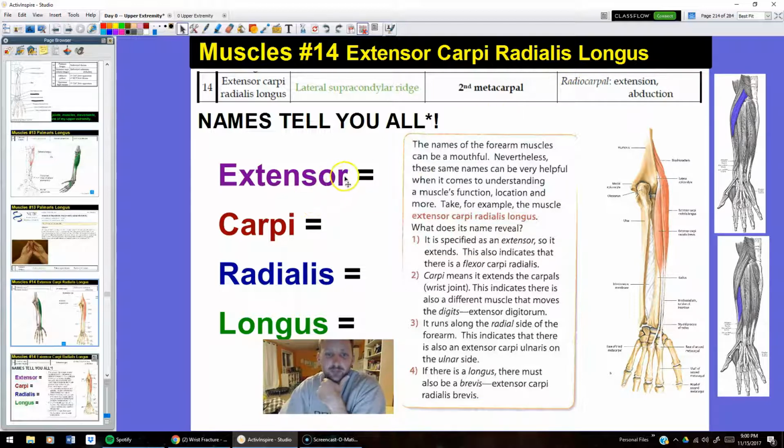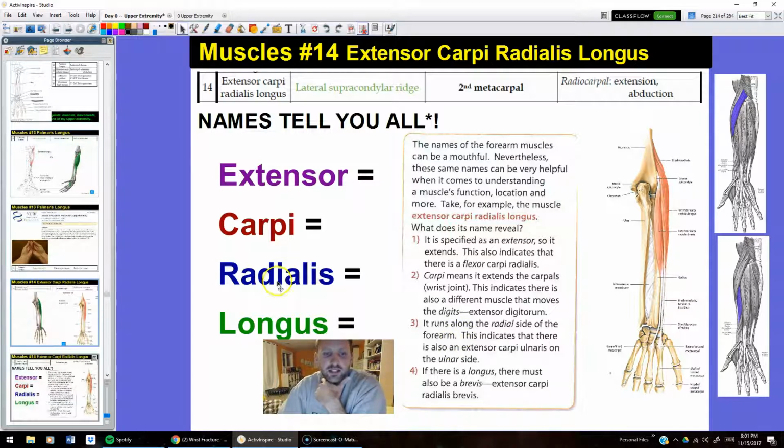So the extensor, if you can't read this box, again, I would open up my slides from Classroom. Extensor shows its function, so as opposed to flexion, it extends. Carpi is the joint that it works on, so the radiocarpal joint, the wrist joint, is the joint where the motion is produced, as opposed to the digits, the digital muscles attached more distally.